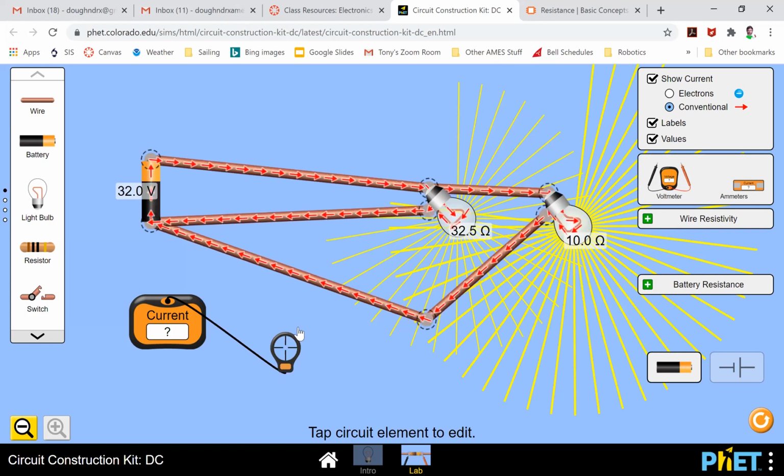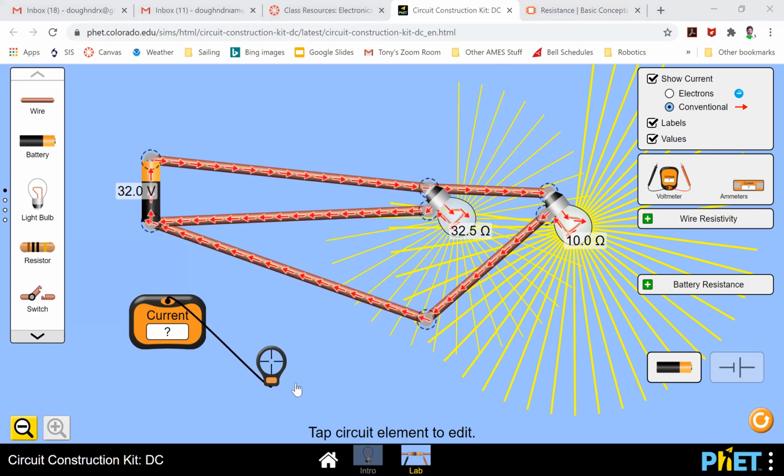So now, if I put my current meter here, I get 3.2. If I put it over here, I get a different number. And put it up here, I get still a different number. So I've now made it a lot more complicated. Let me turn this on.